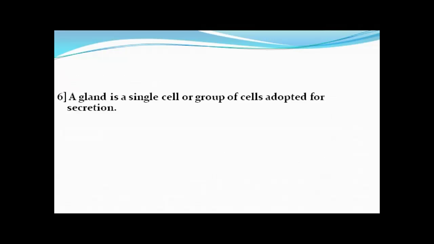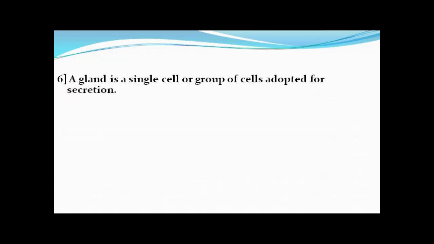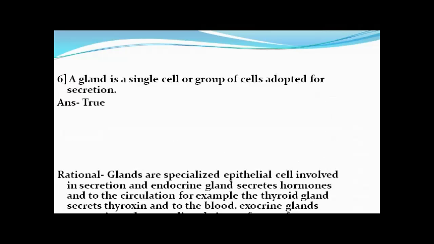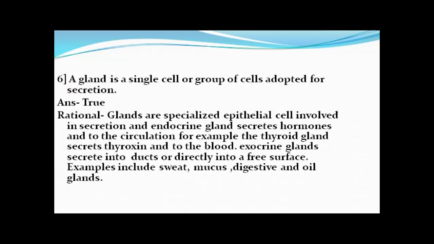Next question is, a gland is a single cell or group of cells adapted for secretion. The answer is true. Glands are specialized epithelial cells involved in secretion, and endocrine glands secrete hormones into the circulation.